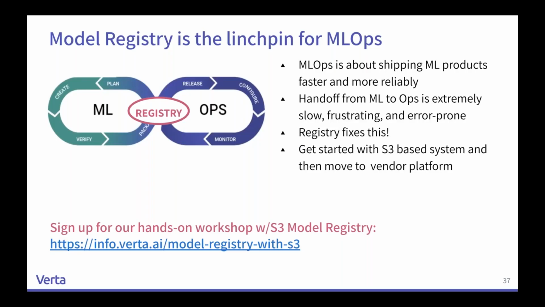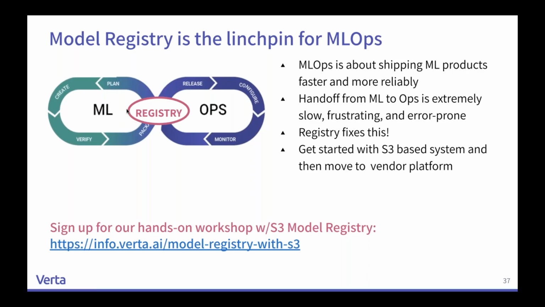The key point that I would like you to take away from this session is as follows. MLOps is all about shipping ML products faster and more reliably. We want to make this infinite loop go as fast as possible. The handoff between machine learning and operations is currently very slow, frustrating, and error prone. The way to fix it is registry.